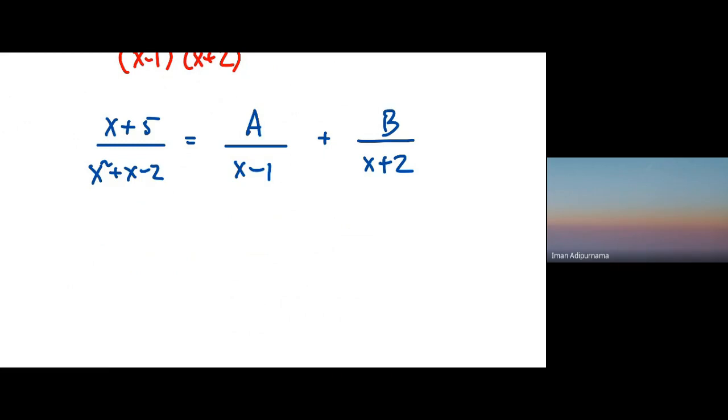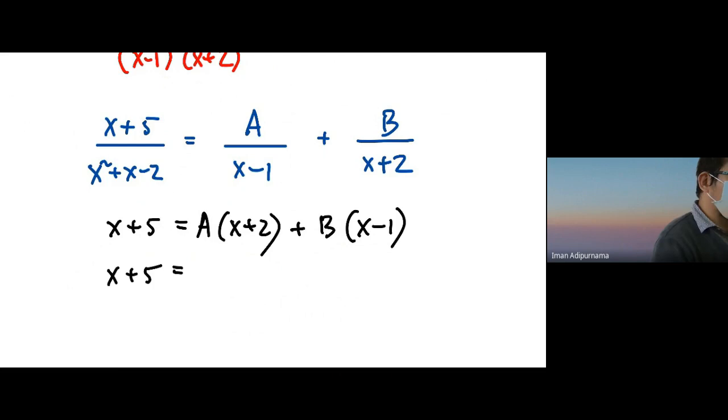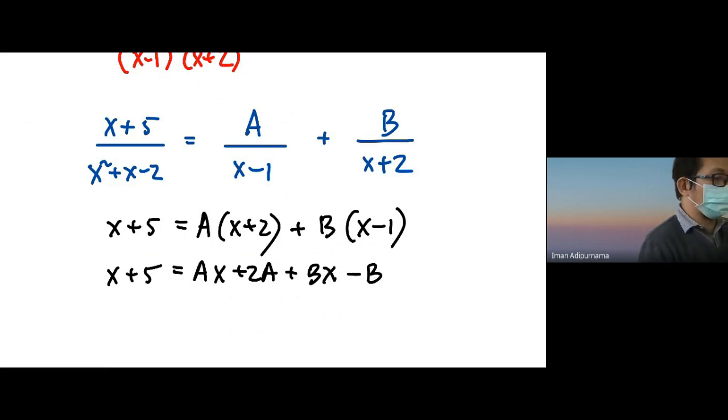So the right one will be equal to the left one. So this will be A times (x plus 2) plus B times (x minus 1). This should be equal to x plus 5. And we have these equations.